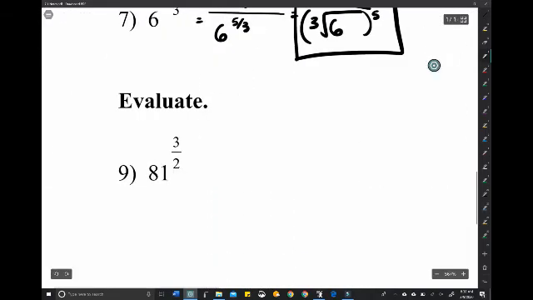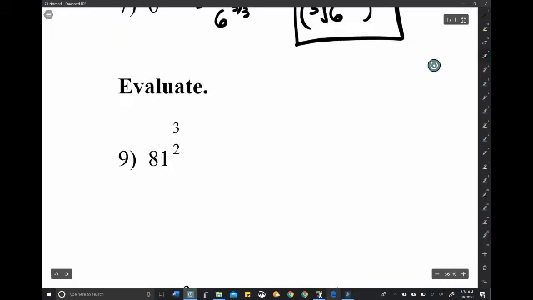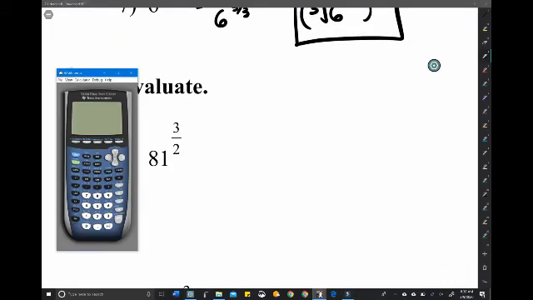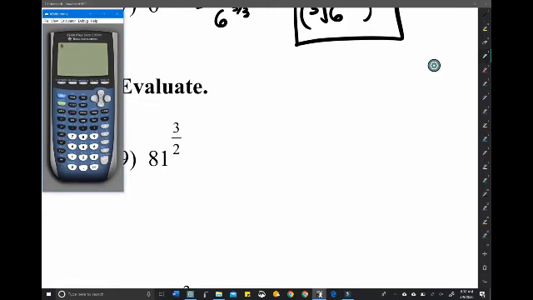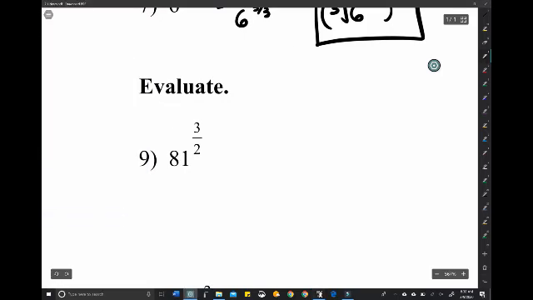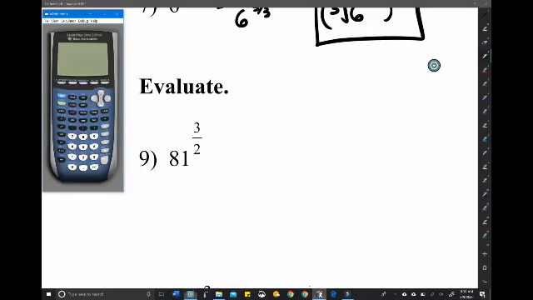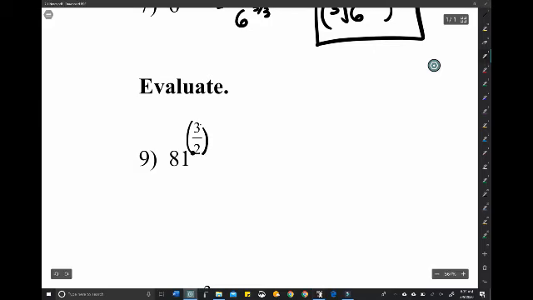Last little bit, evaluate. And really, with these ones, use your calculator. I'm not going to complain or be disappointed in you if you do that. Now, there are different ways to evaluate in your head, but just get used to 81 to the 3 divided by 2. Now notice I put that in parentheses. You do want to use parentheses when you put things like this into your calculator.